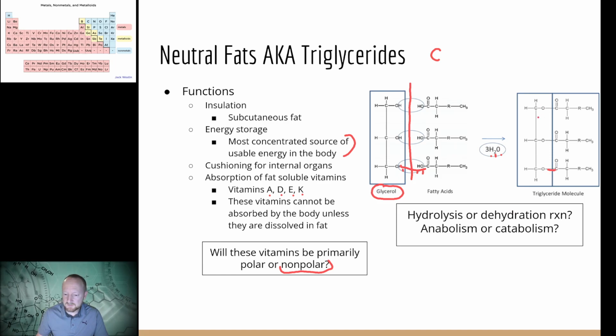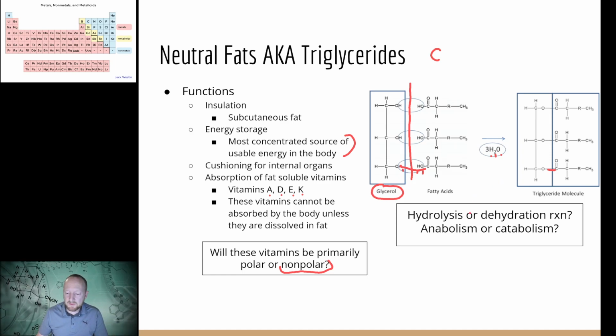It's always 3 because our glycerol is always 3 carbons long, and then we're going to add 3 fatty acids to it. Now we said this is dehydration. Is this going to be anabolic or catabolic? Anabolism or catabolism?